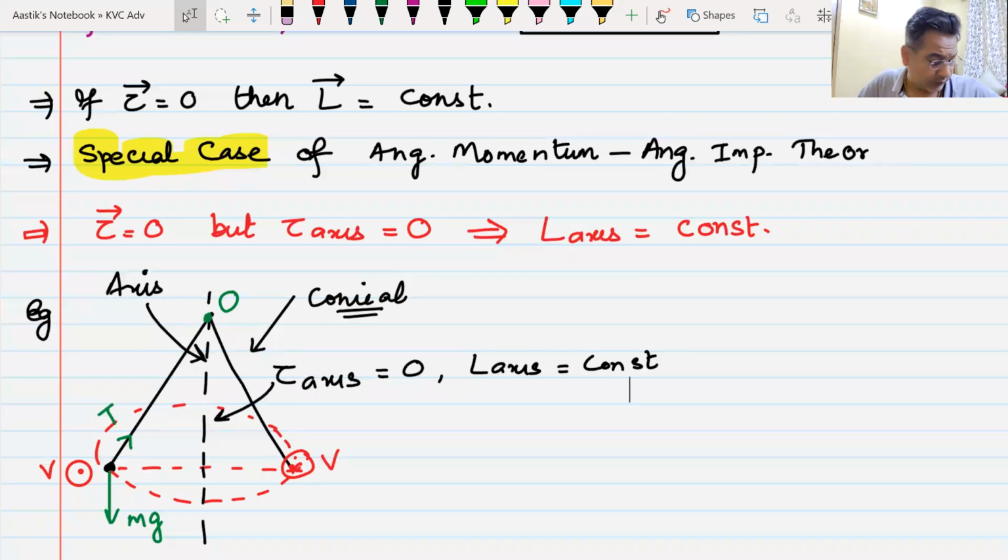Okay. So you're not getting what? What is conserved and what is not conserved?